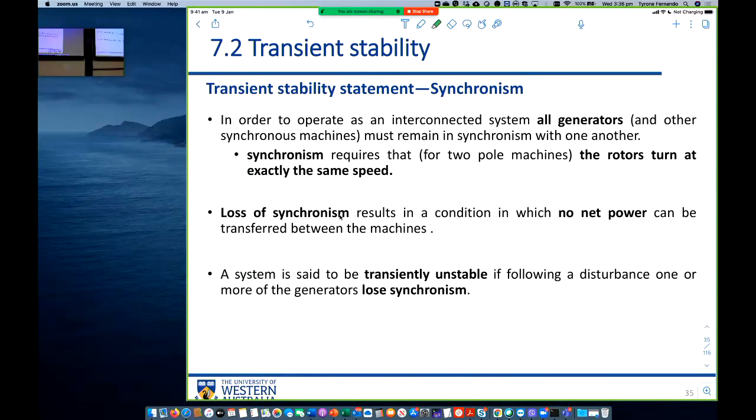So if they are operating at different frequencies, we won't be able to transfer power, and the system will fail. A system is said to be transiently unstable if following a disturbance, one or more generators lose synchronism. So after an event, if one or more generators lose synchronism, in other words, either a generator speeds up or decelerates and settles at a different speed, then we say it's transiently unstable.